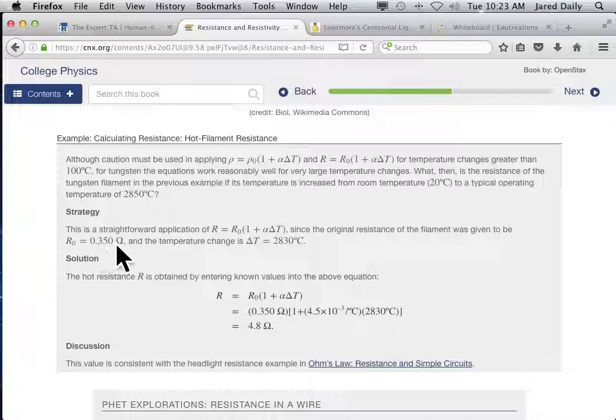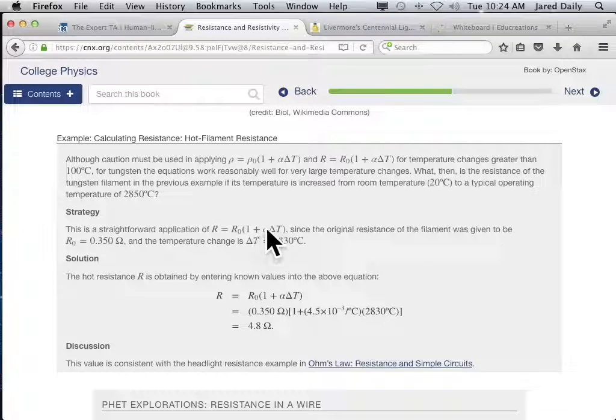They tell us the original is right here, and the temperature change is going to be 2850. It's going to go from 20 to 2850. So the change will be 2850 minus 20, and you get a delta T of 2830 degrees Celsius. So we know delta T, we know the original resistance.